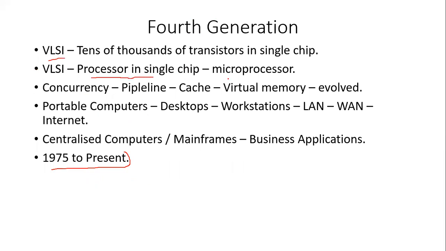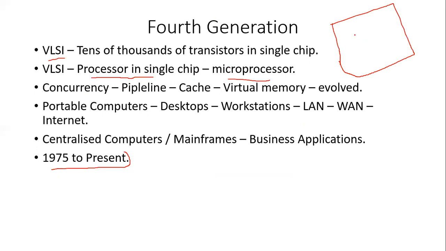That concept is called the microprocessor. Before the fourth generation, the microprocessor was not in a single chip. It may have taken a big board, the entire motherboard kind of thing.